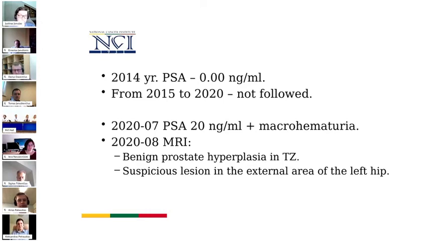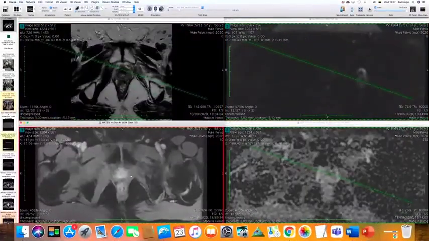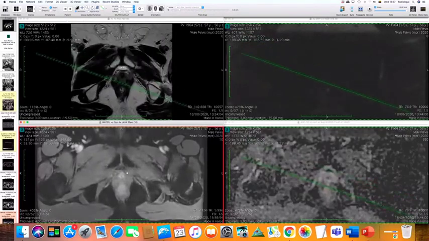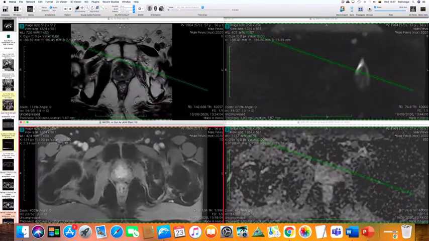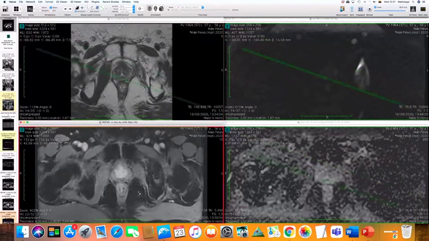MRI was performed for the patient, and maybe we have those images, Dr. Eva? Yes, can you share my screen? On MRI images, there is no contrast enhancement in the peripheral zone, whereas there is contrast enhancement in the transitional zone, but it looks more like adenoma, not local recurrence.